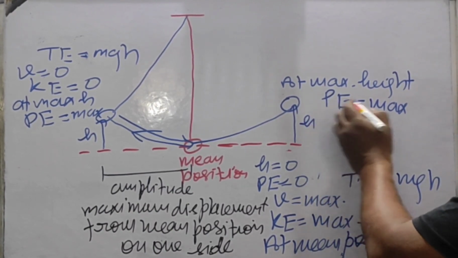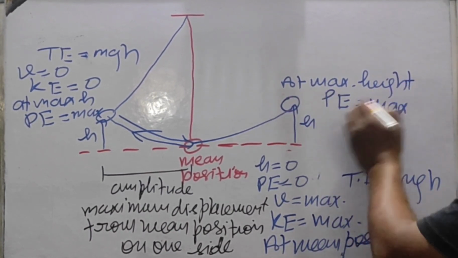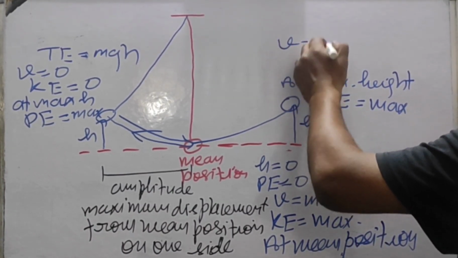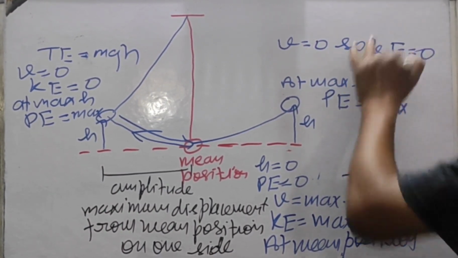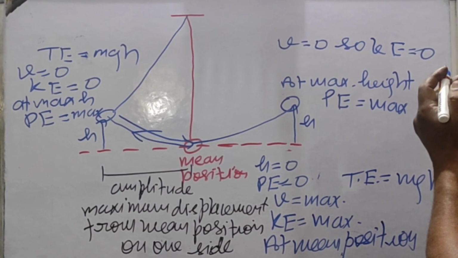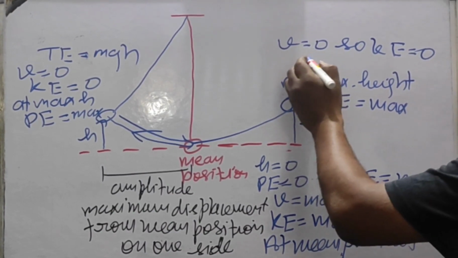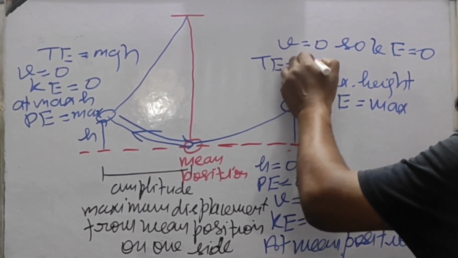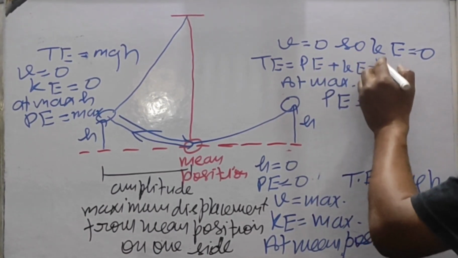And here also potential energy is maximum, right? At maximum height, potential energy is maximum, and velocity is 0, so kinetic energy is 0. So total energy, potential energy plus kinetic energy, is equal to mgh.